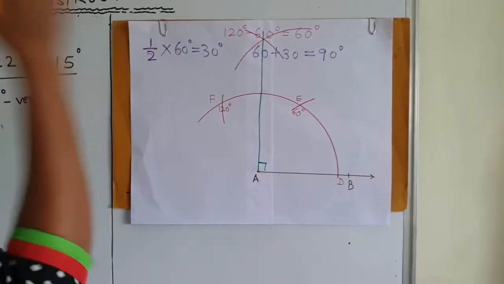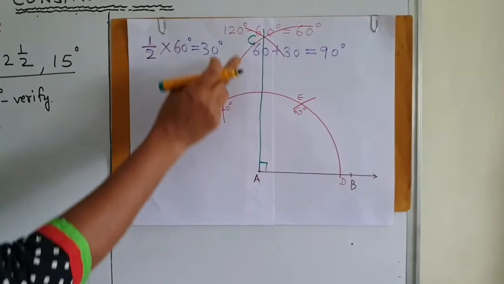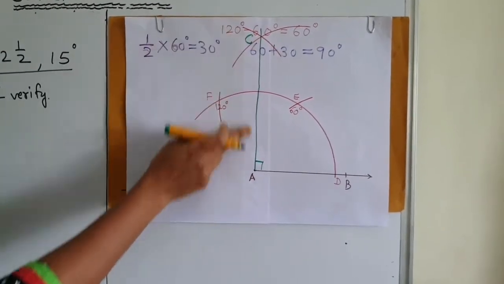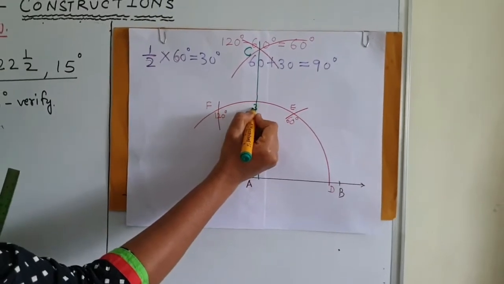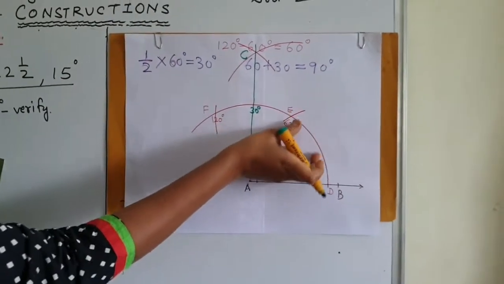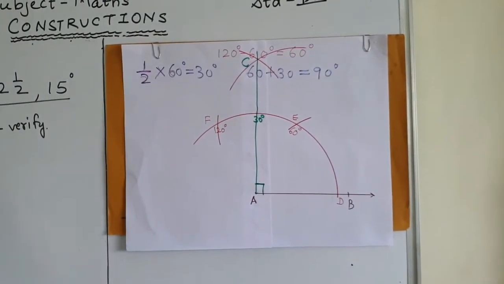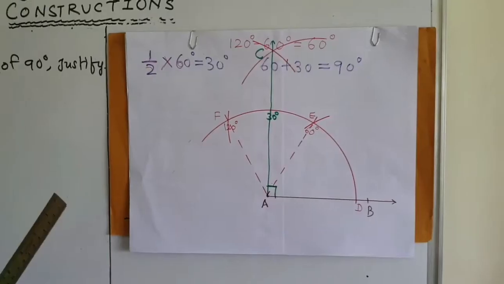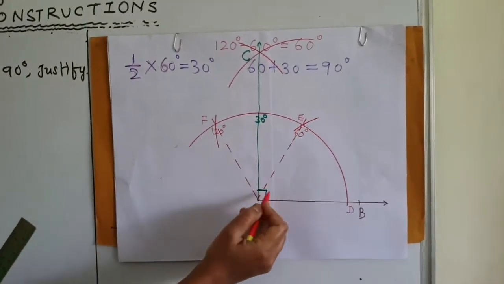You can name this intersection point C. So this is how we get angle CAB 90 degree. This and this is 30 degree, so total 60 plus 30, 90 degree. So now you know how to construct a 90 degree angle.